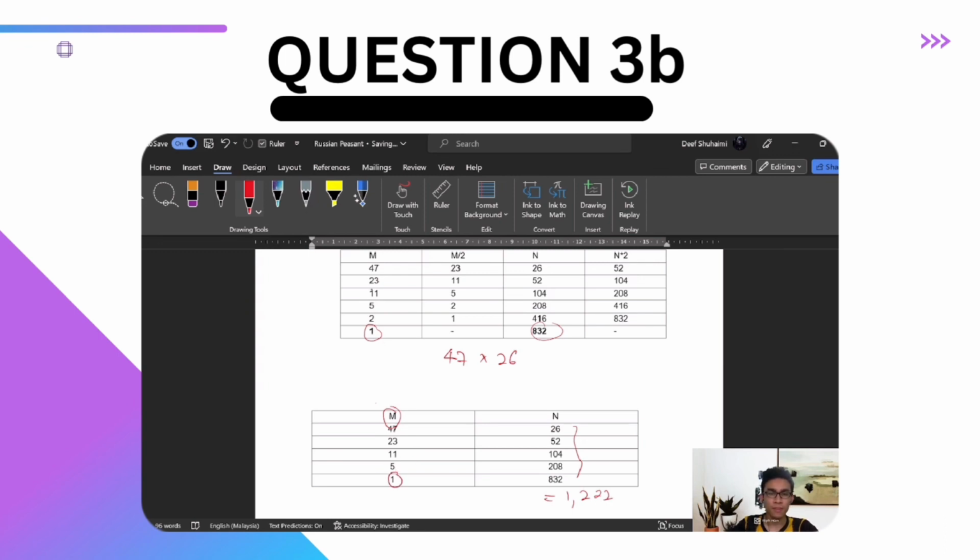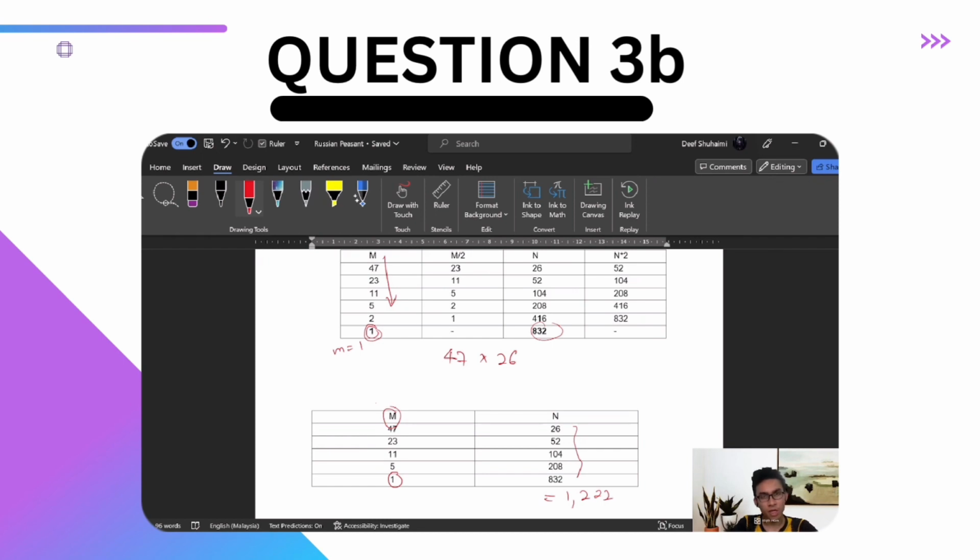The halving process stops there when m is equal to 1. Since the algorithm only involves halving and doubling, the order of multiplication doesn't affect the number of iterations or the computational steps required.